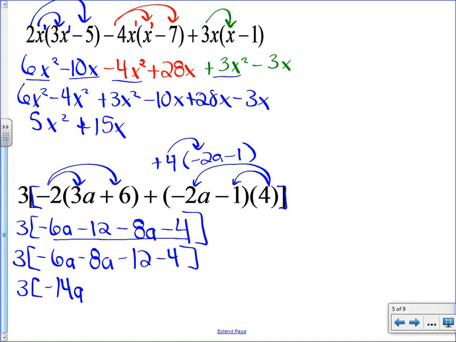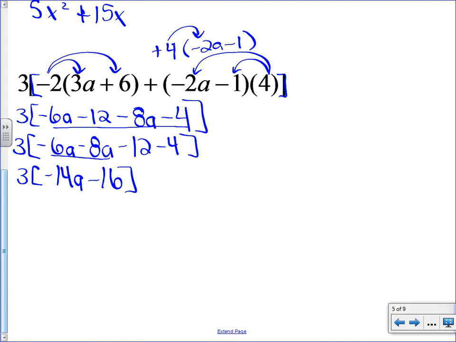Okay, what do you get for the next part? What do I do for that next one? I've taken care of my a's. What math do I have to do? Nick, can you help her out? Yep. Negative 12 minus 4 gives me negative 16. So I've taken care of my brackets. I simplify my brackets. Now I can do the final distributive property.